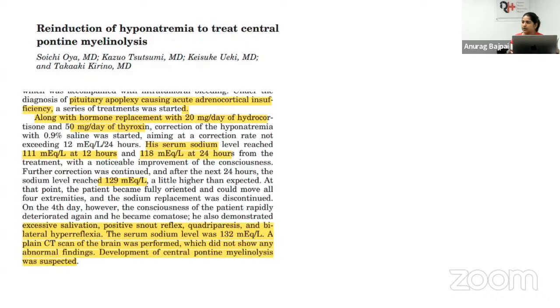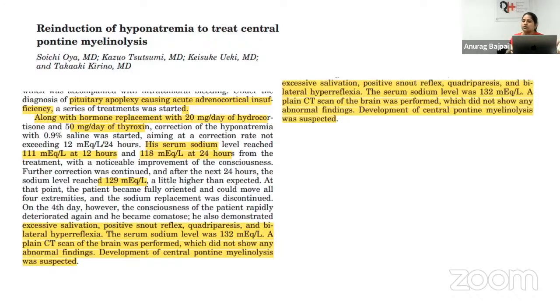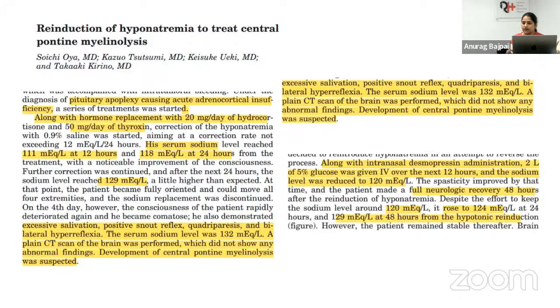The patient was a case of MPHD, and he was given hormonal replacement. He developed hyponatremia. He even had quadriparesis, and then they relowered the sodium after giving desmopressin and 5% dextrose, and what they observed was full neurological recovery after 48 hours.